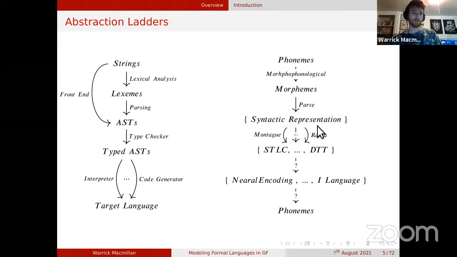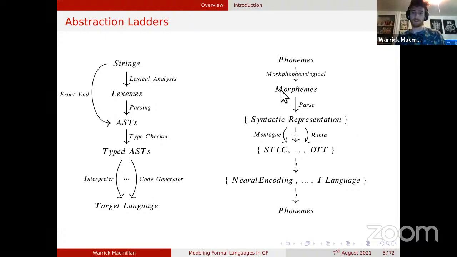Then there's some downriver stuff with code generation or interpretation and evaluation into some notion of value, either given by an operational semantics, or some kind of code translation to machine code, binary, etc.